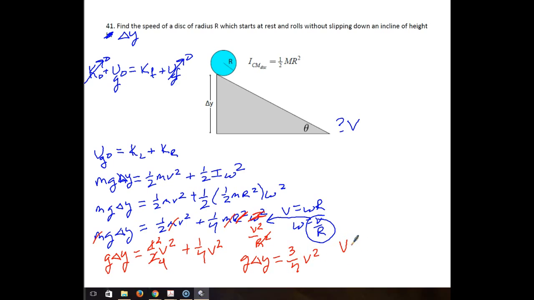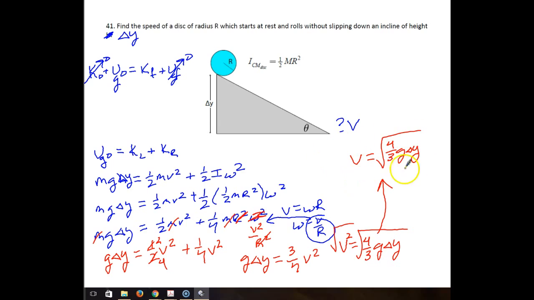So our velocity squared is 4 over 3 times g times the change in y, and then if I want velocity, I have to take the square root of both sides. So velocity is equal to the square root of 4 over 3 times gravity times the change in my height. And that will be the speed of the ball when it gets down to the bottom.